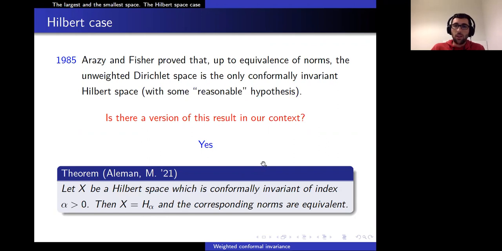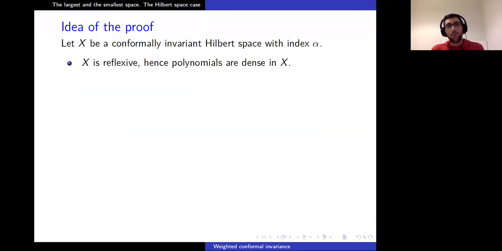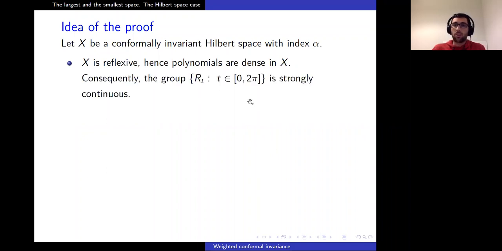Some ideas of the proof of the result: if we consider a conformal invariant Hilbert space of index alpha, then in particular, our space is reflexive. So by the previous results, the polynomials are dense in our space. We can even see that this group of rotations is strongly continuous.